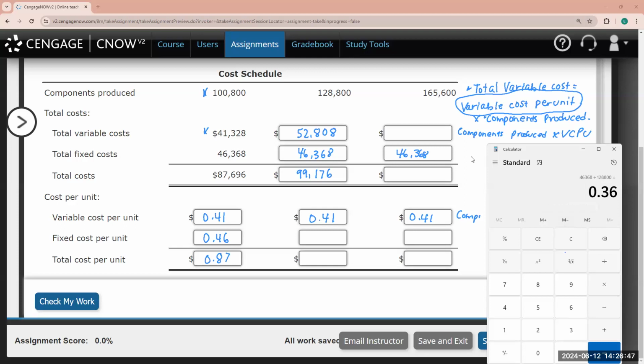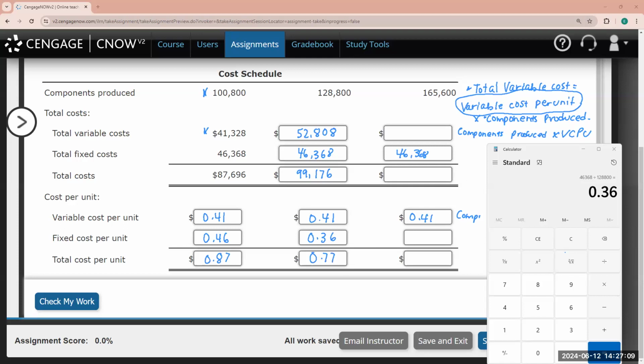So therefore, our new fixed cost per unit, because we are manufacturing more units, is 36 cents per unit. So when we consider both, our total cost per unit now decreased from 87 cents to 77 cents per unit.